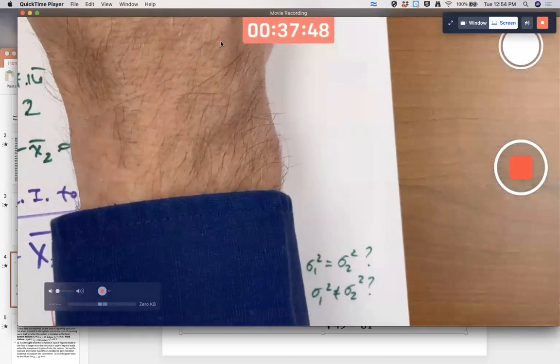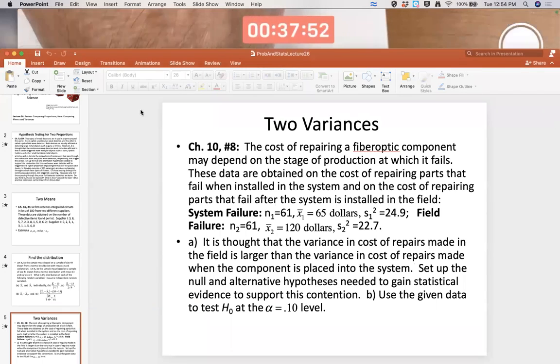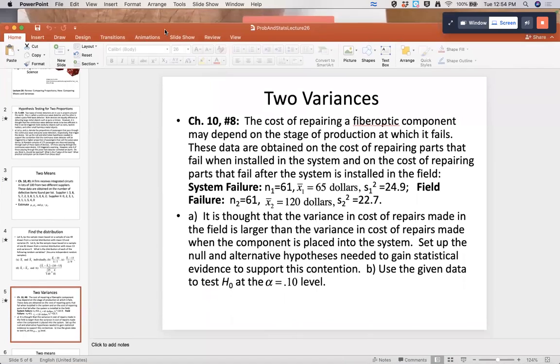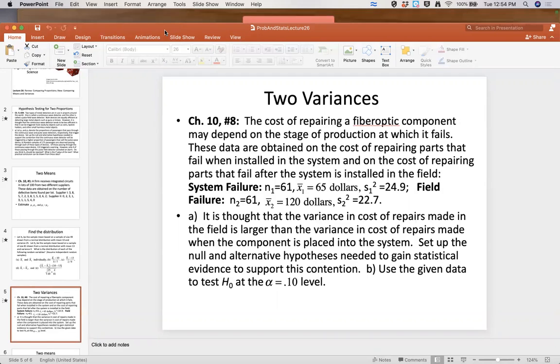Let's talk about it in the context of a problem. The cost of repairing a fiber optic component may depend on the stage of production at which it fails. Cost of repairing, so we're focused on the cost.